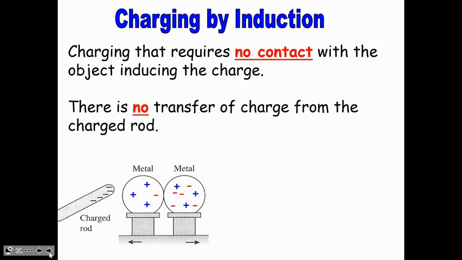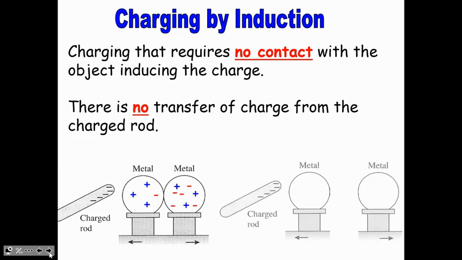So some of those electrons are going to move away from the charged rod from one sphere into the other. This transfer of charge between the spheres results in one sphere, the one here on the right-hand side, being negatively charged because it gained electrons, and the metal sphere on the left-hand side has become positive because it lost electrons.